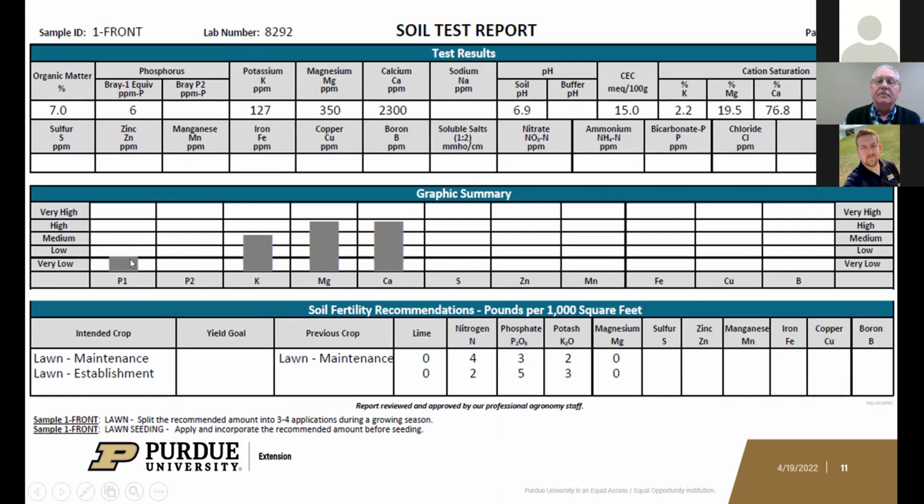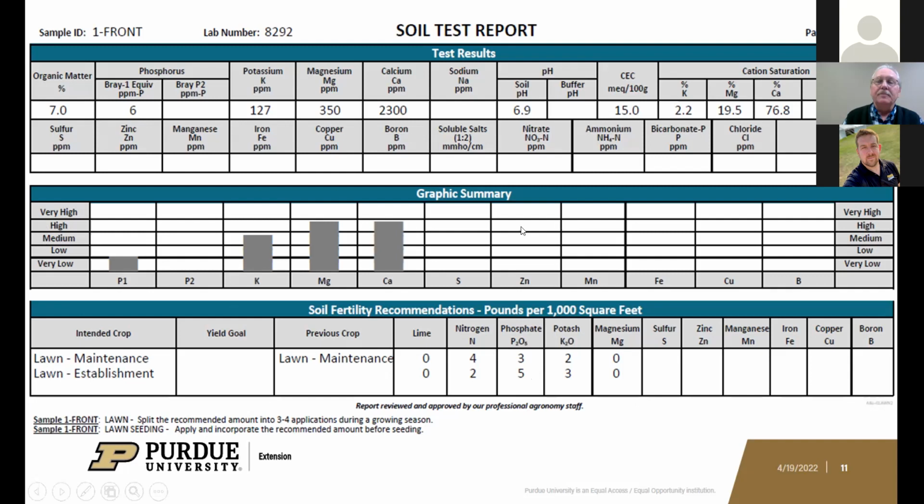You'll notice that my phosphorus is pretty low in my yard. Sometimes the lab is just looking at making sure we're maintaining certain levels of nutrient within the soil. Unless I notice a nutrient deficiency within my lawn, I generally don't try to keep those numbers too high. Most established lawns don't need really any phosphorus. The focus is mostly on nitrogen.